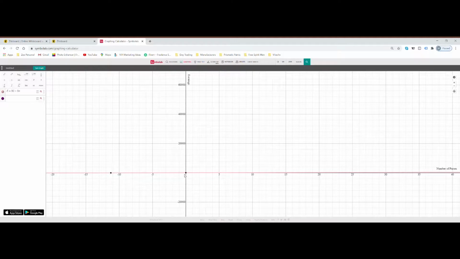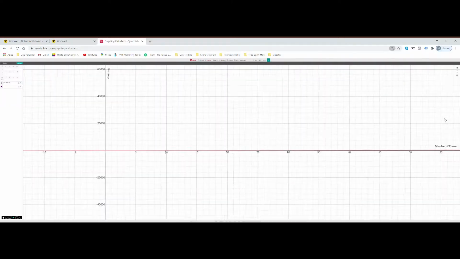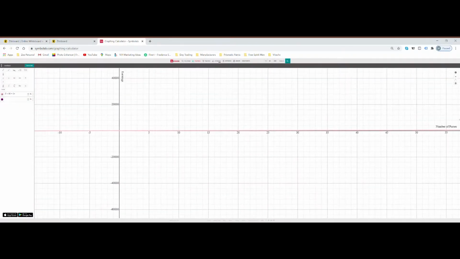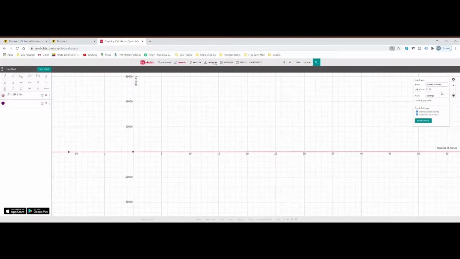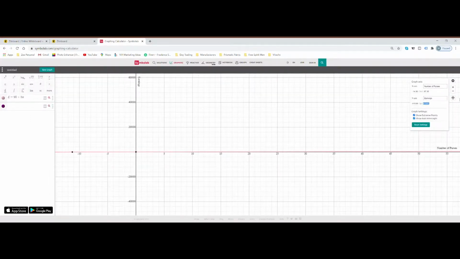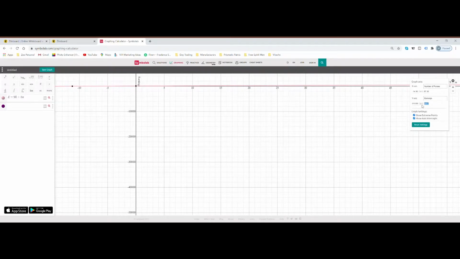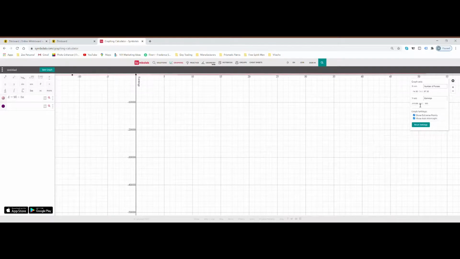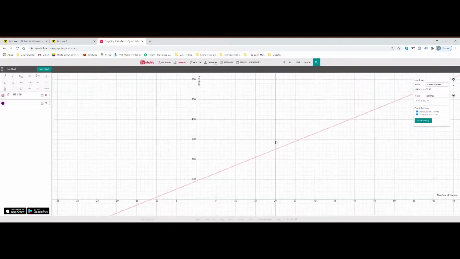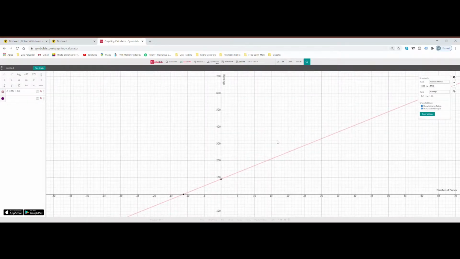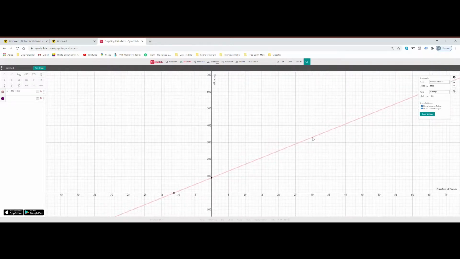So for 30, at 30, the maximum would be, if this is 350, I guess 325, and the units it's going up is hundreds.